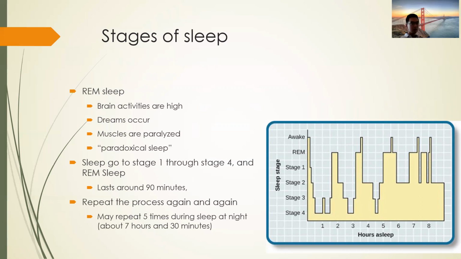The brain is very active, even though the brain is sleeping. So that's very tricky. Dreams occur during that stage, but the muscles are paralyzed. Muscles cannot move, but dreams occur. That's why REM sleep is called paradoxical sleep, because the muscles are not moving, but the brain is moving all the time.